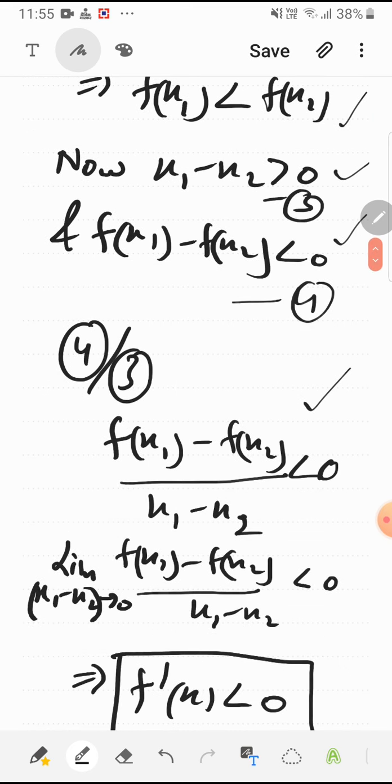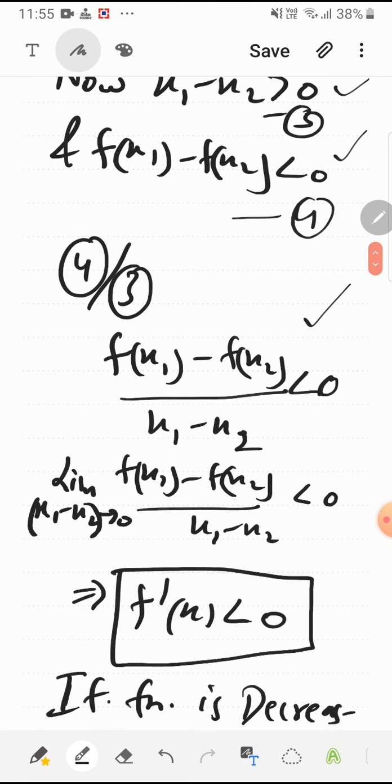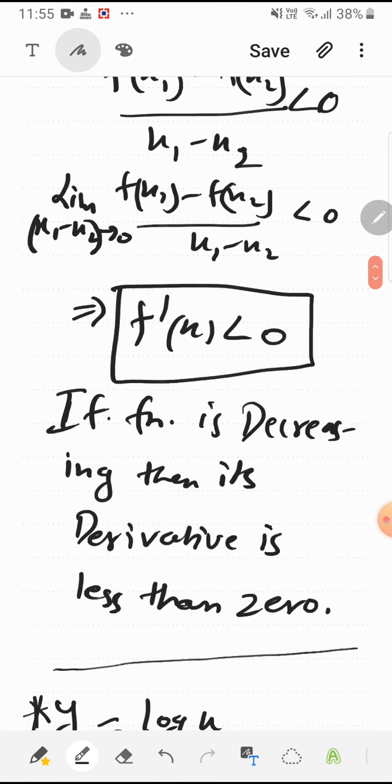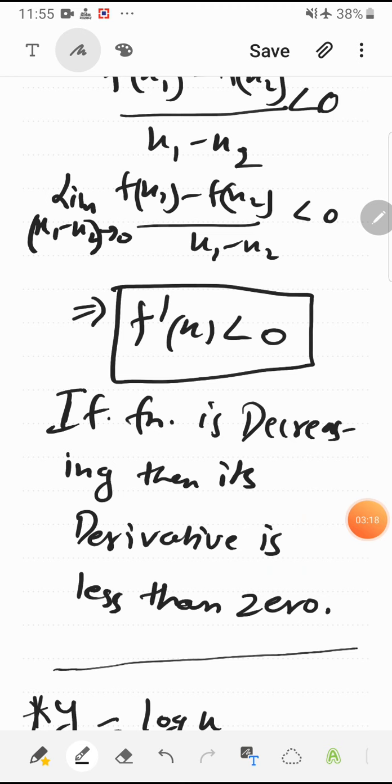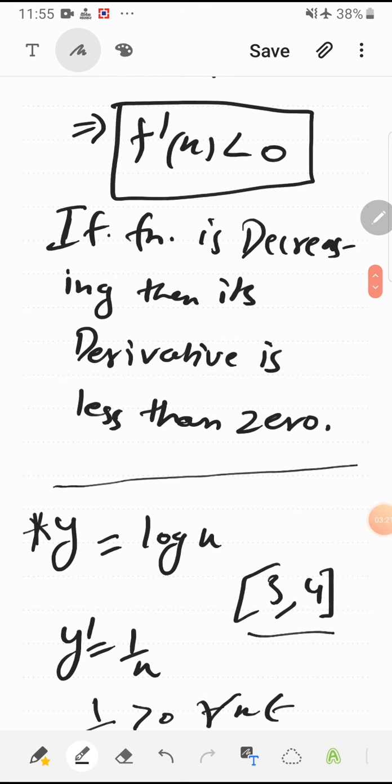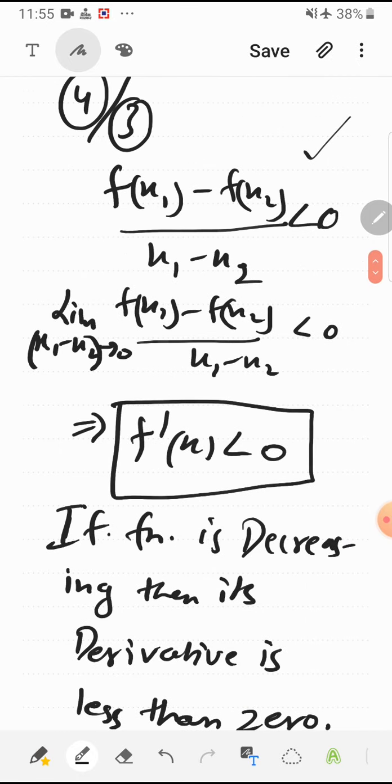Now again applying the limit on both sides, as x1 minus x2 approaches 0, it resembles the derivative, so the derivative of the function is less than 0. Thus if a function is decreasing, then its derivative is less than 0. So overall we must remember this: if a function is increasing, its derivative must be greater than 0, and if a function is decreasing, then its derivative must be less than 0.